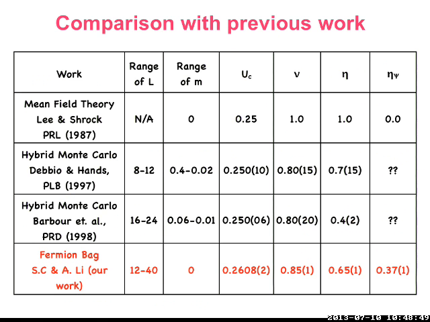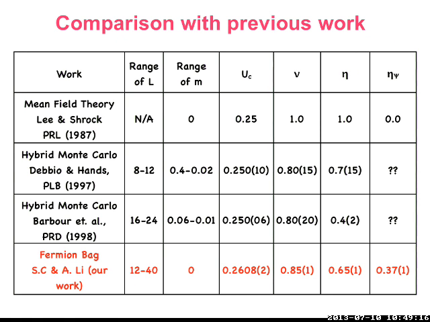Now let me compare what we could achieve to what was done previously. Remember, this model was solvable using hybrid Monte Carlo. So this is our comparison. It was done in mean field theory a long time ago, and of course you get trivial exponents there. It was done in the late 90s on small lattices, and the masses are pretty high.